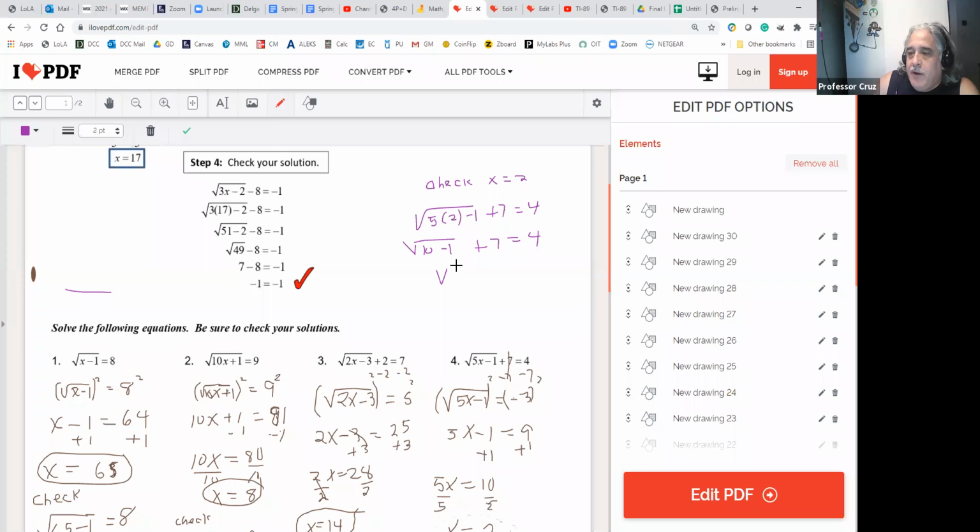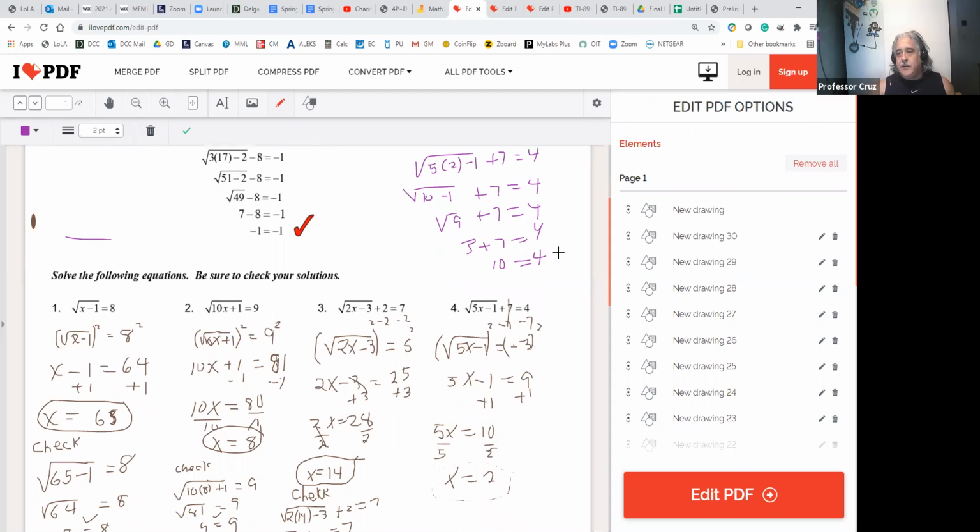So that's the square root of 9. Well, so now what's the solution for this one?